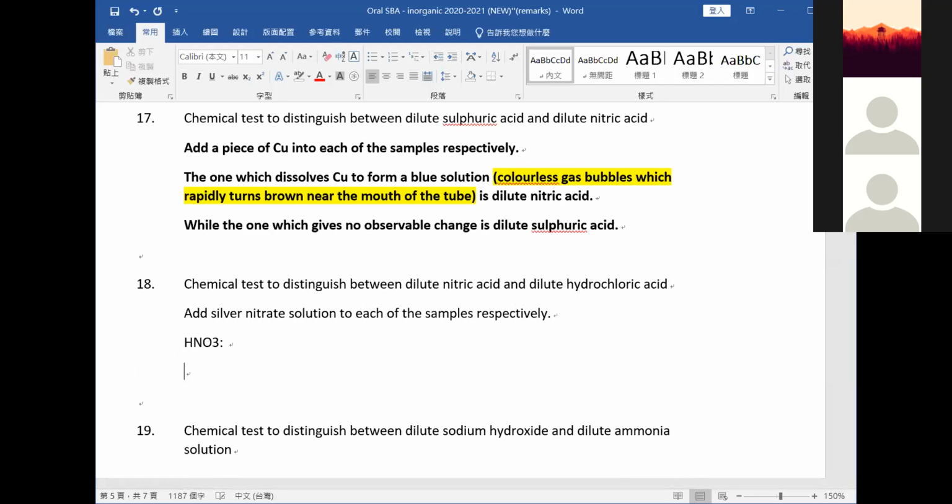Silver nitrate. How about HCl when put with PPD?